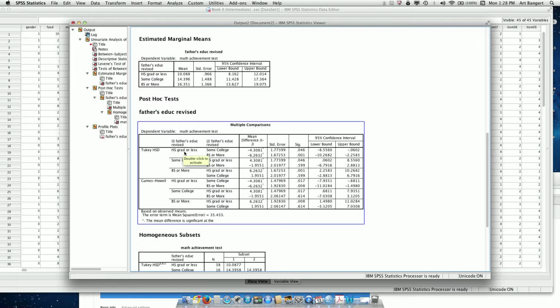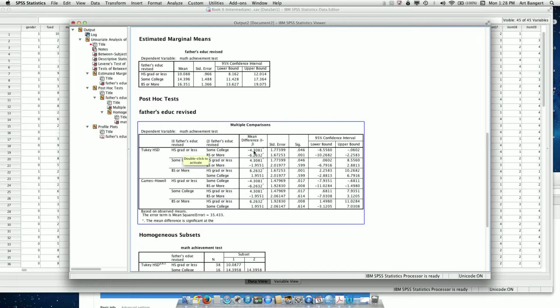Likewise, this group of students whose fathers had a high school diploma or less, as compared to students whose fathers had a BS or more, their scores were on average 6.2 points lower.